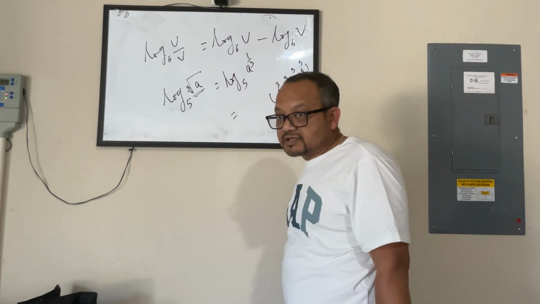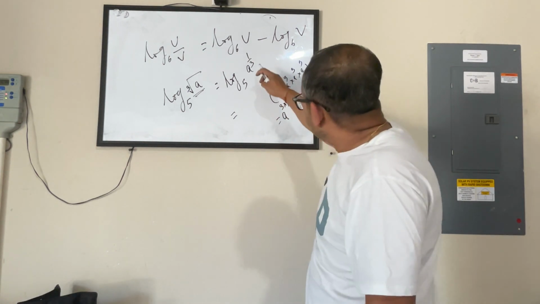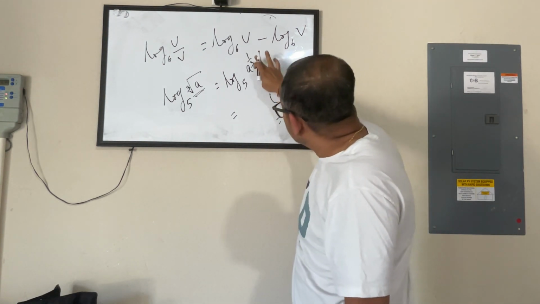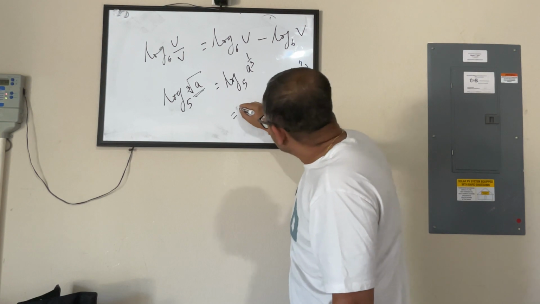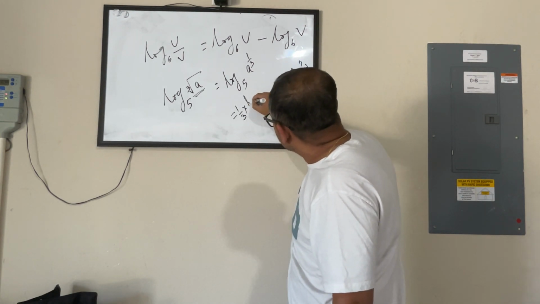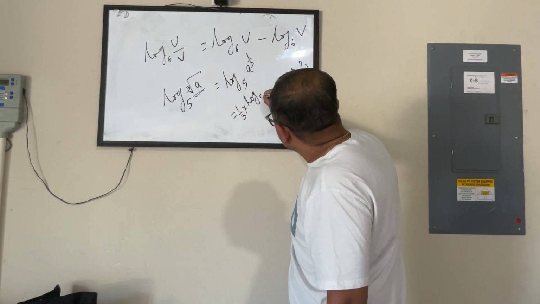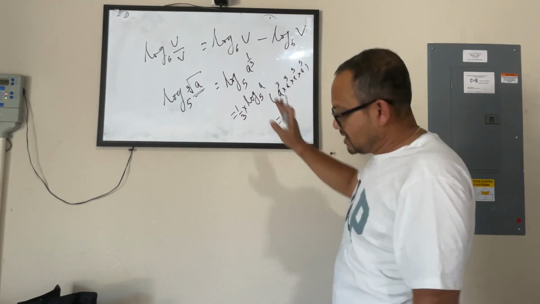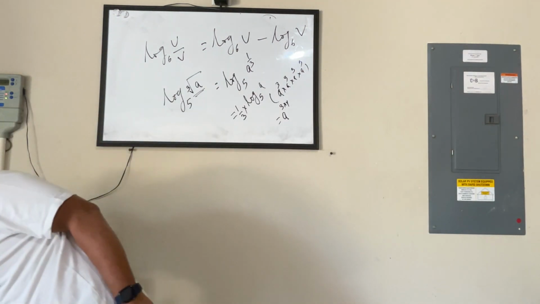I can do this, correct? Same thing. Whatever you have, something to the power this, you can also write as a multiplication of this and this. Now you will say why. Let's take one example.